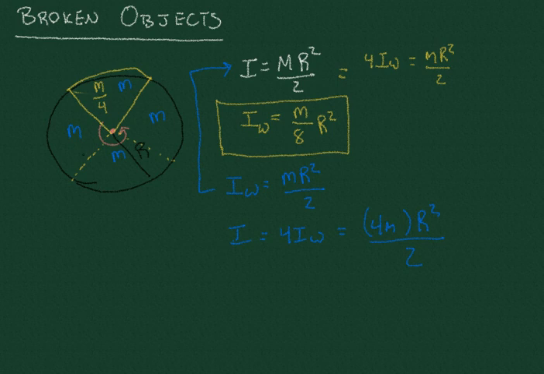So if we add that together, the new total mass becomes 4m, giving 4m r squared over 2. So in other words, if we divide up an object, as long as we do it symmetrically, then we can get a new moment of inertia, and that will actually have the same moment of inertia as the total object.